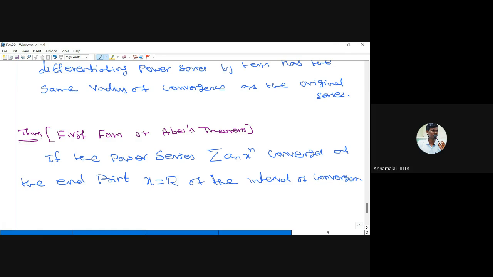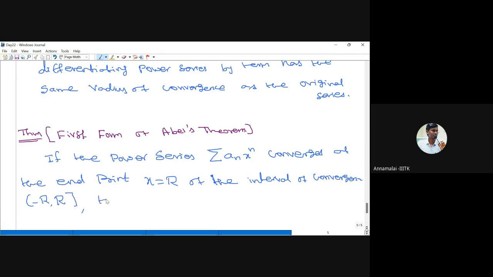What is the interval of convergence? Suppose this converges, therefore, okay, then open at minus r, closed at r, because it converges at the one endpoint x equal to r.